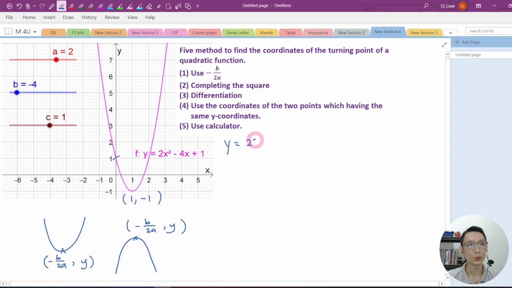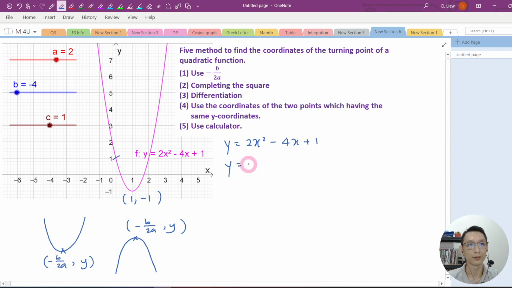y is equal to 2x squared minus 4x plus 1. To complete the square, first thing, you have to make sure that the coefficient of x squared is positive 1. Now the coefficient of x squared is 2. We cannot start the process of completing the square yet. So what I'm going to do now is to factorize the 2 out.